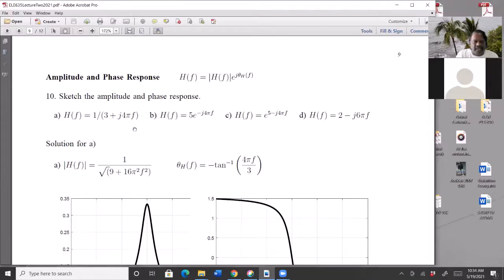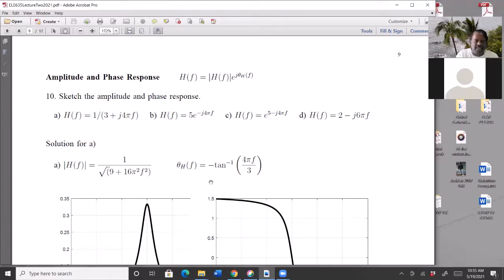The angle of a fraction is the top angle minus the bottom angle. But the top angle is 0, so it's basically the negative of the bottom angle. The angle of this complex number is tan inverse of this number divided by this. You can imagine that in the Argand diagram, the y height divided by the x height. So you have tan inverse of 4 pi f over 3, but it's negative because we are subtracting from 0, because there is no angle for this.